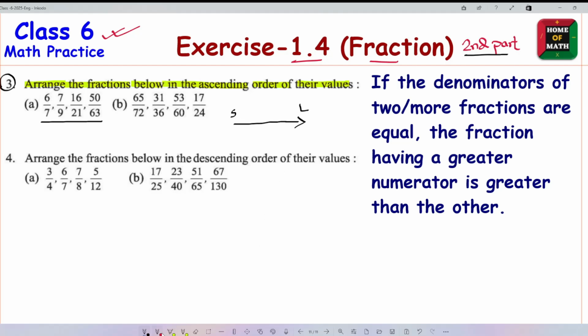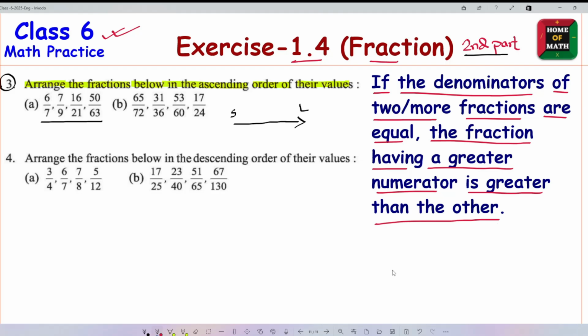But before finding the values we have to know something: if the denominators of two or more fractions are equal, the fraction having a greater numerator is greater than the other. What does that mean?